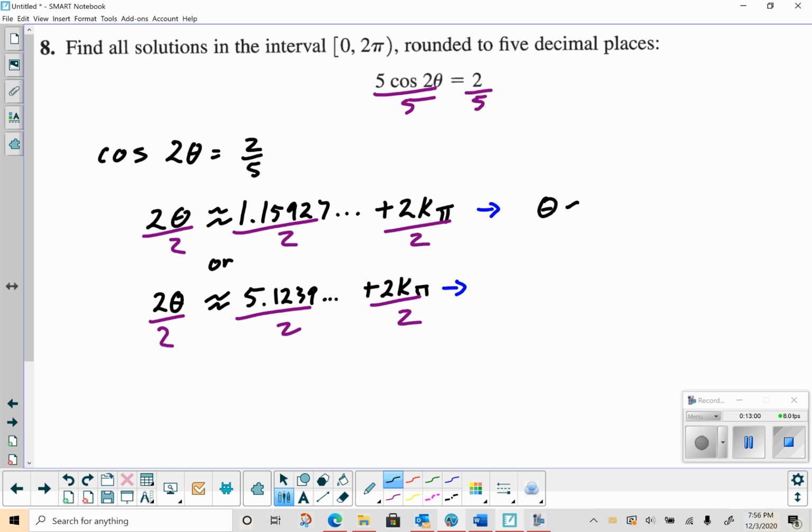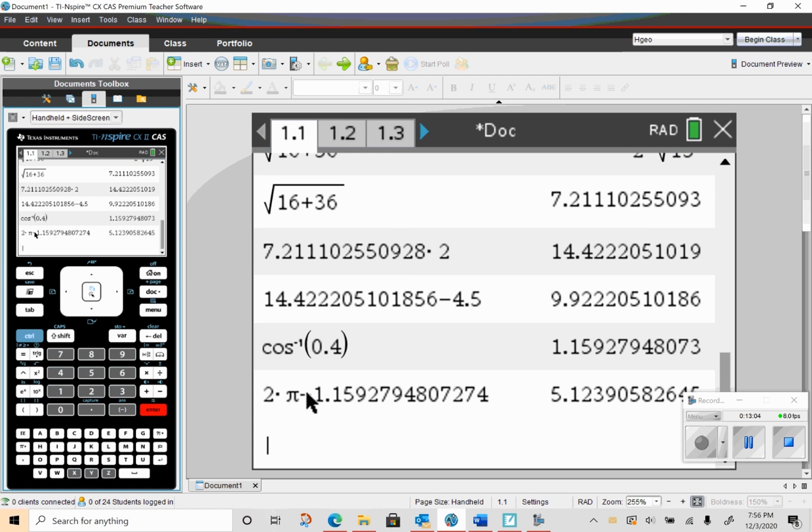So theta is approximately, now I've got to go back to the 1.15927, divided by 2.